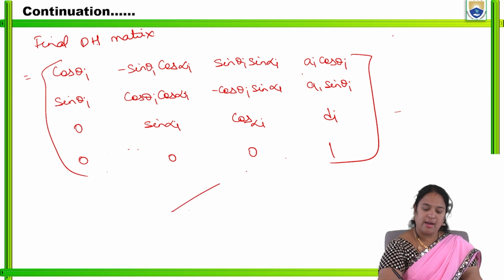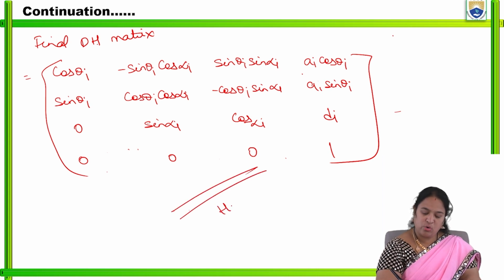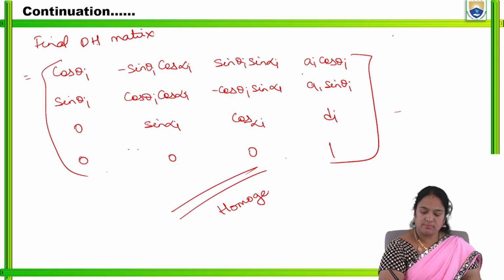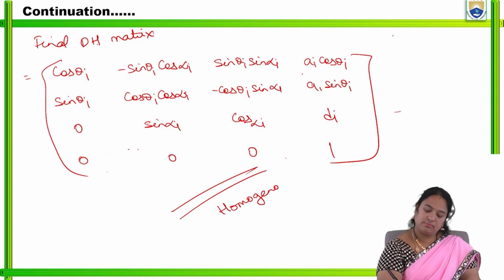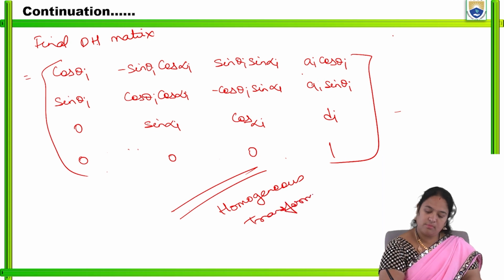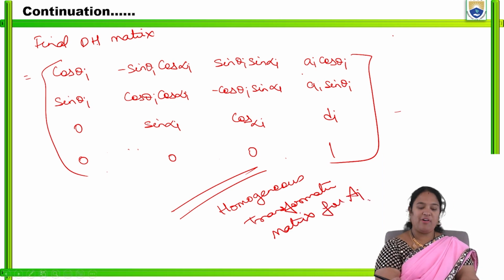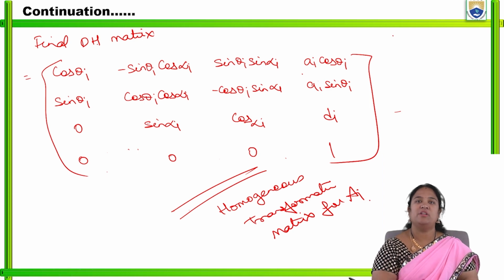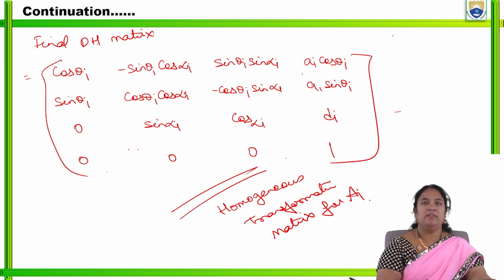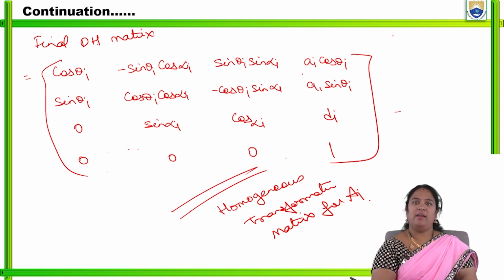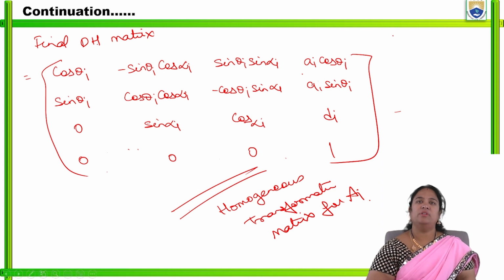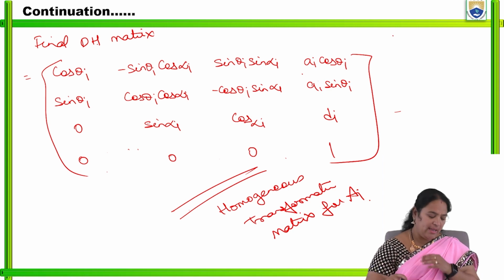So this is called the final homogeneous transformation matrix for AI, which is also called the Denavit Hartenberg matrix, with respect to the translation and rotation of the axis.